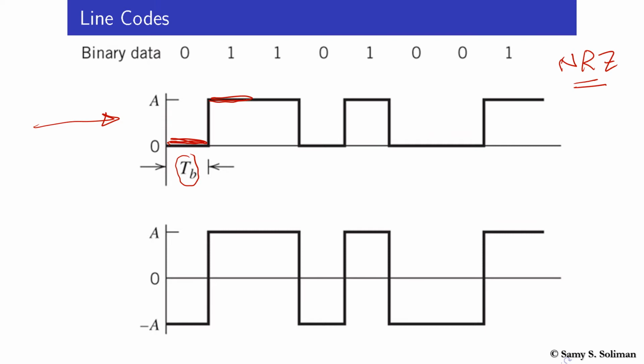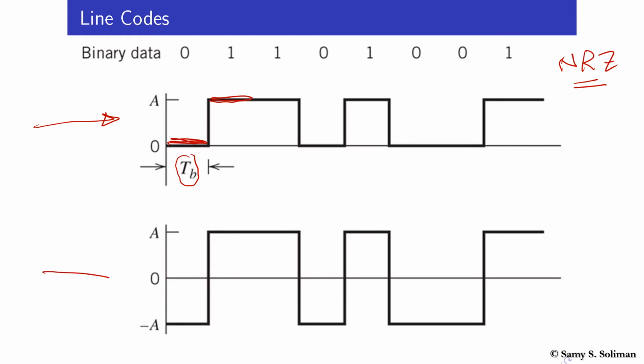In this example, we are using single polarity. We represent bit 1 with positive A voltages, while bit 0 is represented by 0 voltages. That's why we call it unipolar. So we have unipolar non-return to zero signaling.